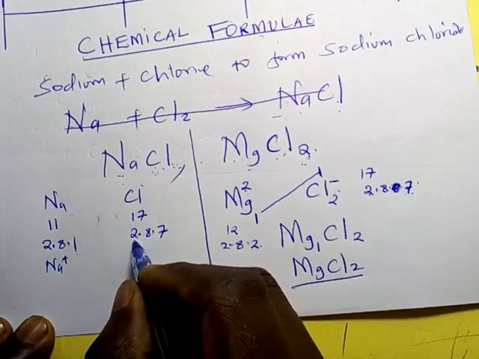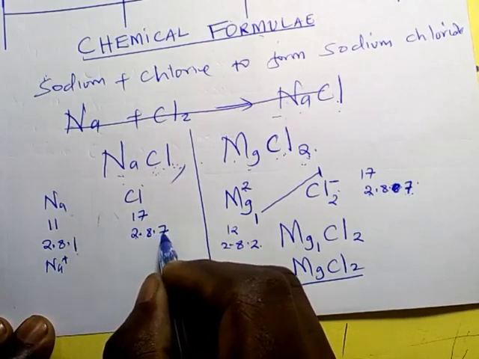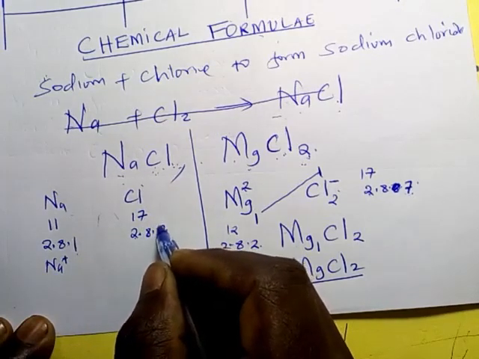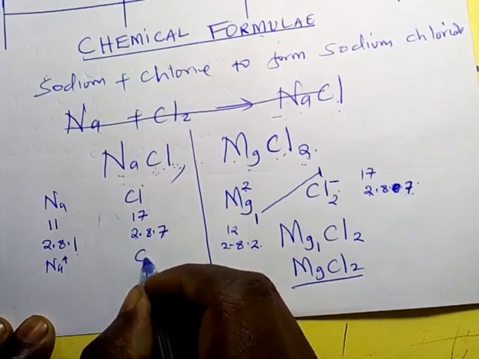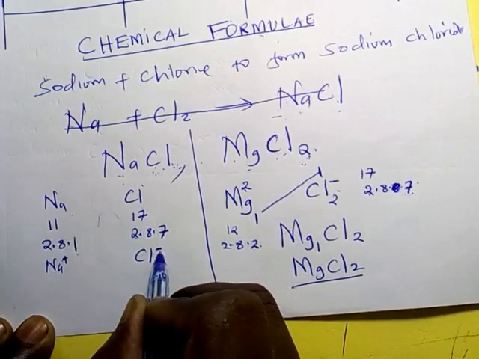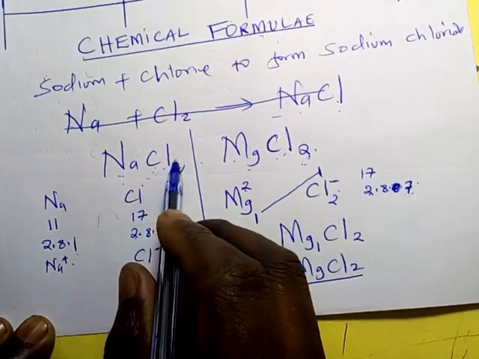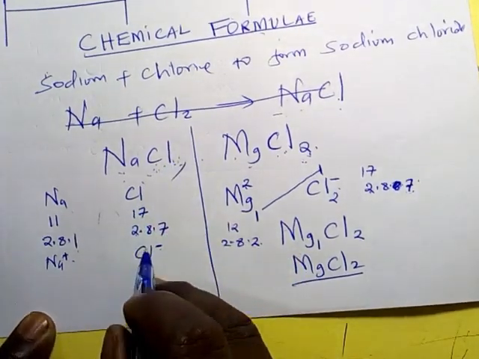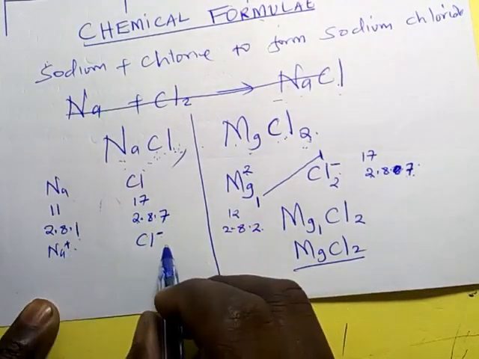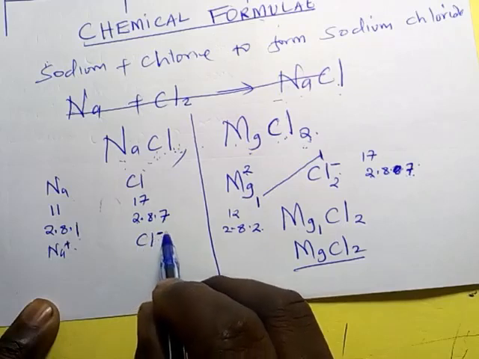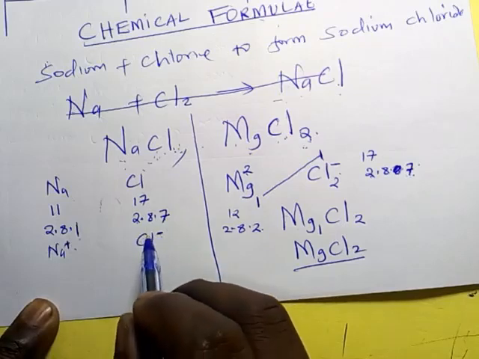Chlorine, electron configuration 2, 8, 7, reacts by gaining 1. If it gains 1, it becomes negatively charged. So negative and positive combine to form sodium chloride. Both of them have a valence of 1. When we are talking about valence, we don't care whether it is negative or positive. If it is 1, it is 1.